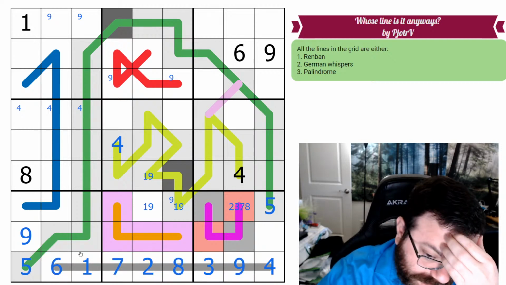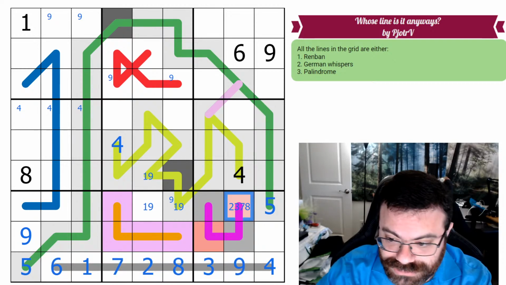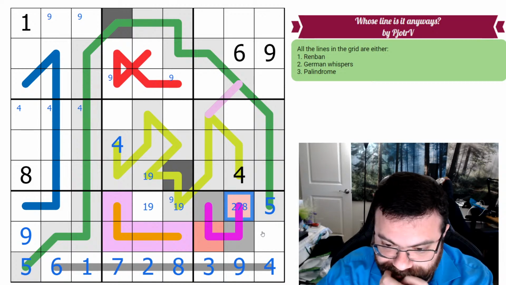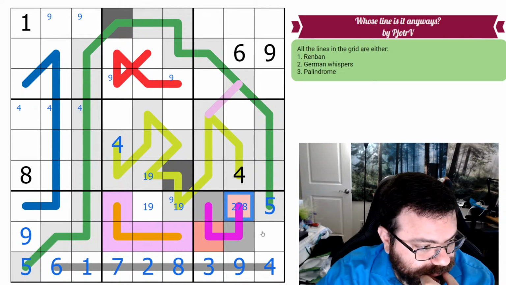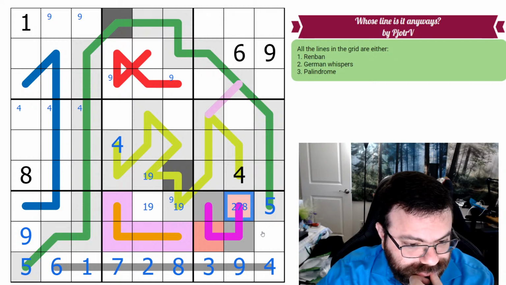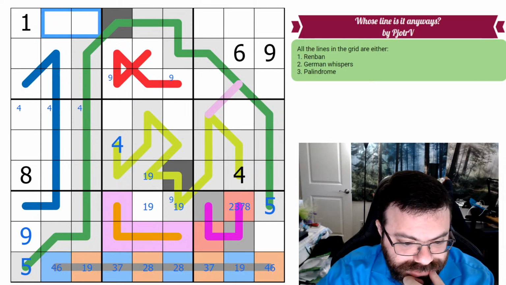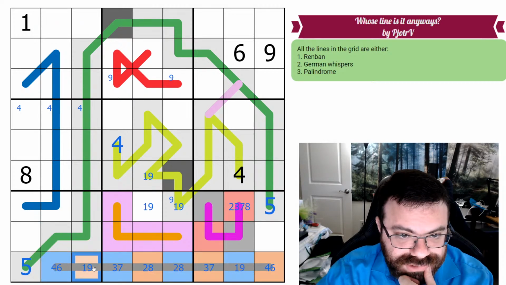I can uncolor that now. This is no longer 3. Oh, yeah. This could be 9.